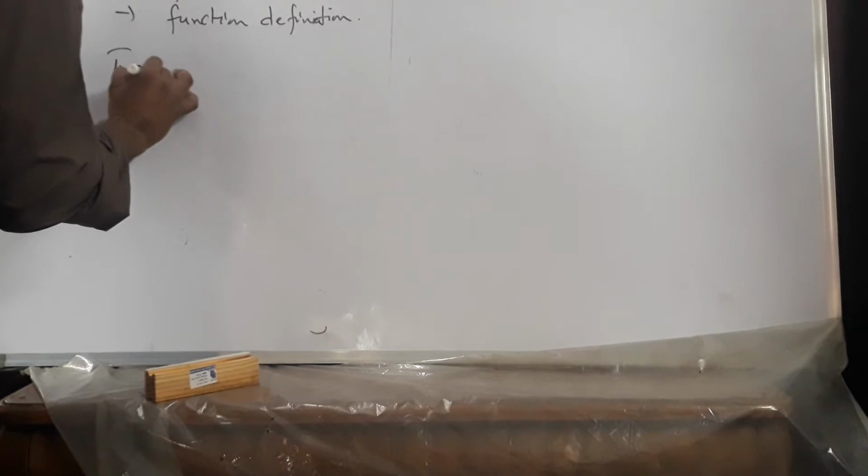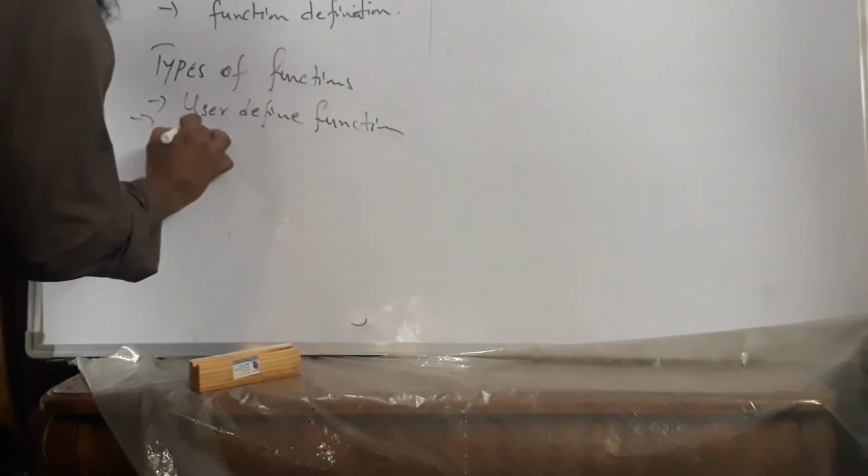So in types of function, we have first the user defined function, either way we can go, and then built-in functions.